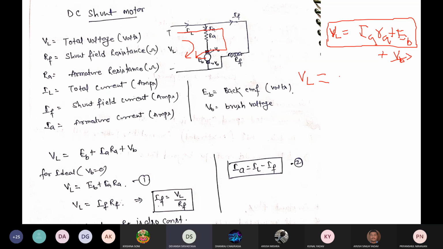Sir, IF RF, sir. Okay, good. VL equals IF RF. Very good. So IF equals VL upon RF. Is it fine?